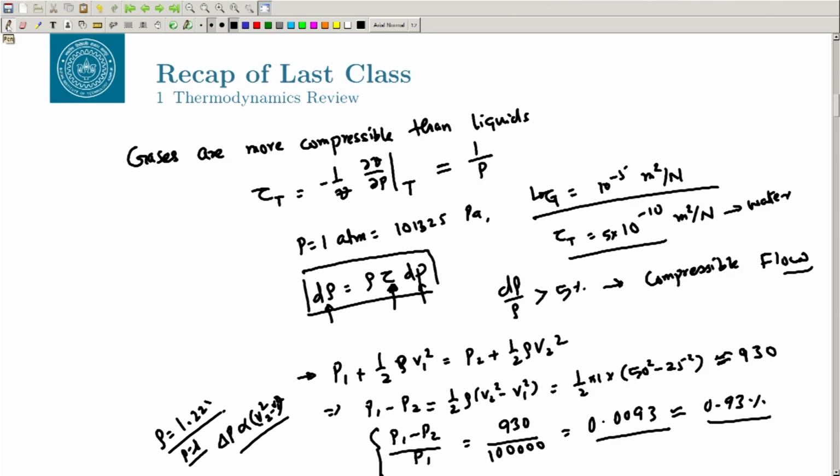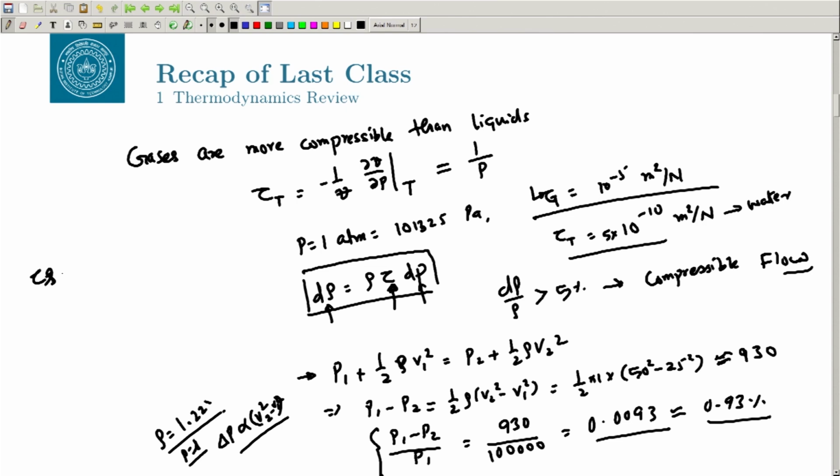Another thing that is important, and more useful, is the value of tau s. We discussed two compressibilities, isothermal and isentropic, and by using P equal to rho RT, we found the isothermal compressibility. But in many situations the flow is not isothermal, though it can be isentropic.